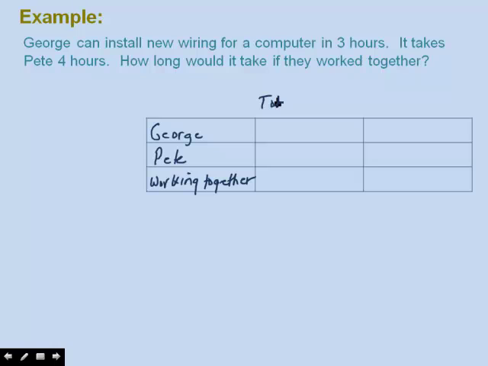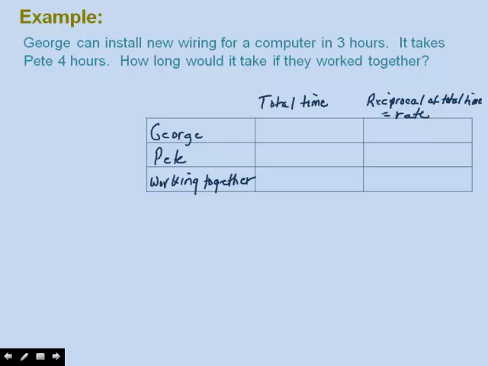Then remember, this column is going to be the total time, and this column is going to be the rate or the reciprocal of total time. So that's going to equal our rate.